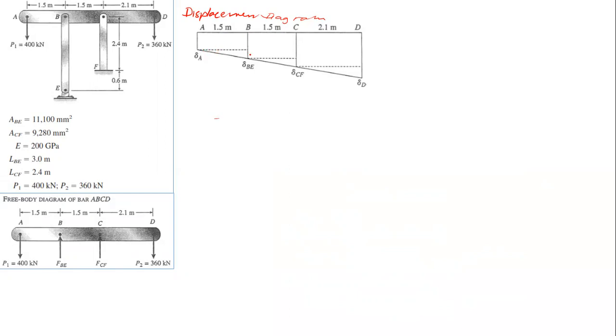As you have seen, our total displacement at B is 0.4 mm, and for CF, this is 0.6 mm.